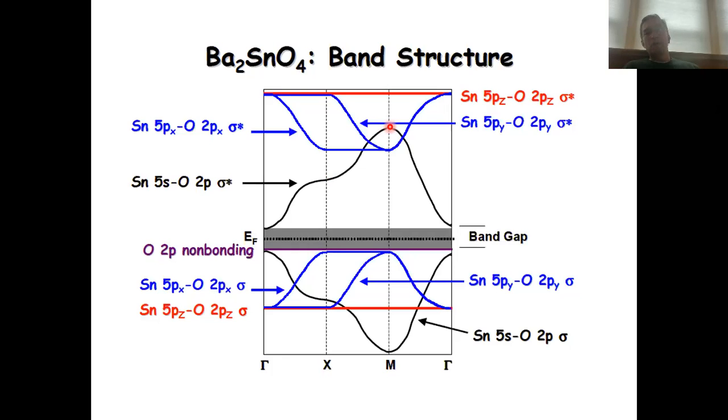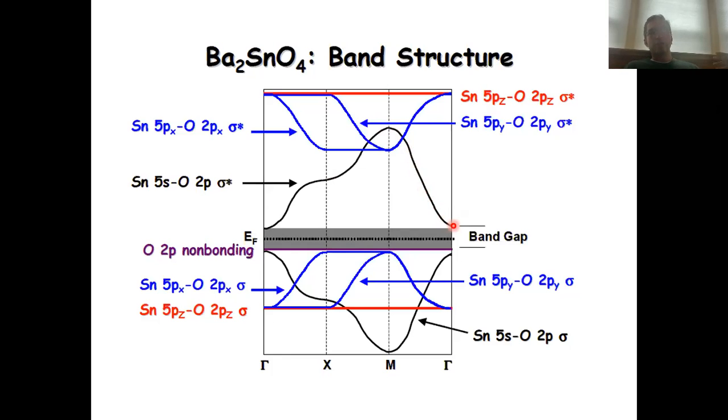And from point m on, we will go back all the way to the point lambda, where our crystal orbital has the same energy as the 5s atomic orbital of tin. All right, so now we are done with these interactions.